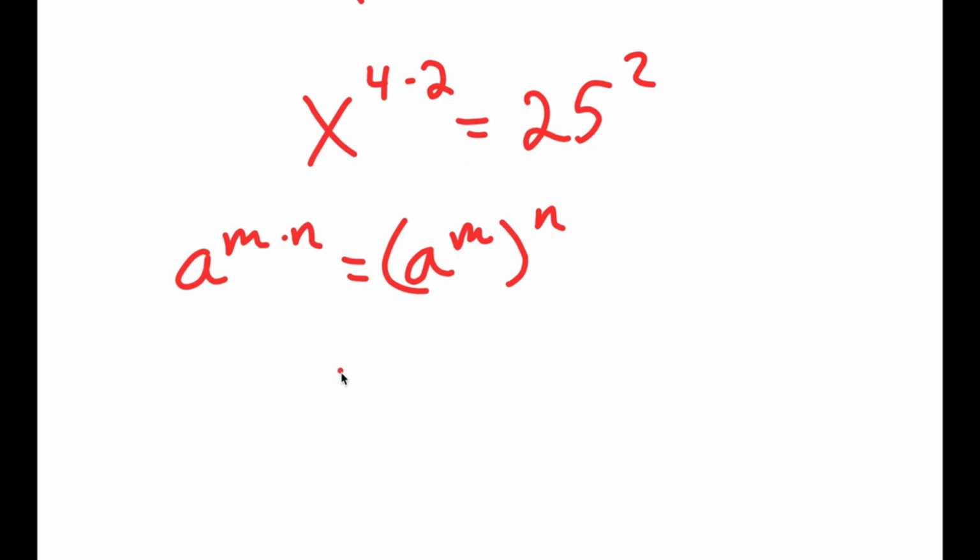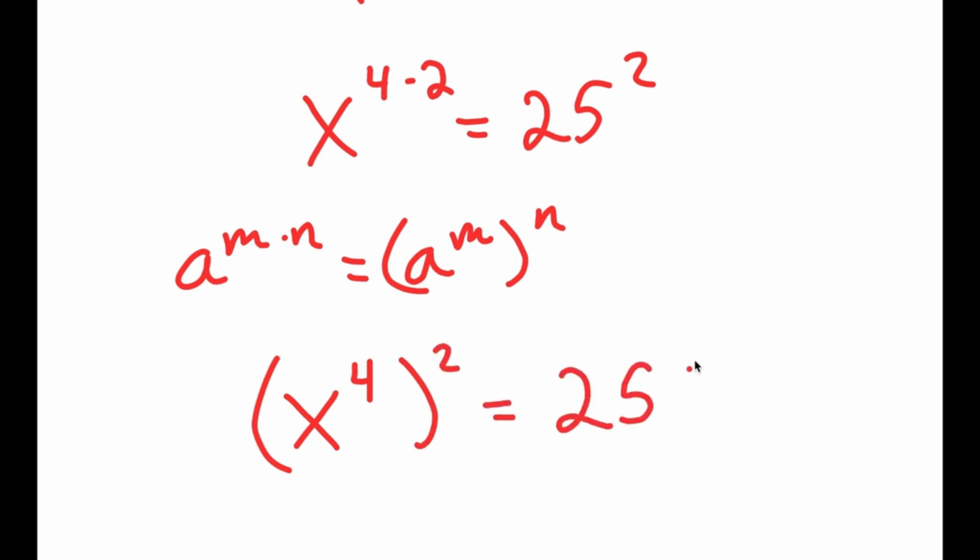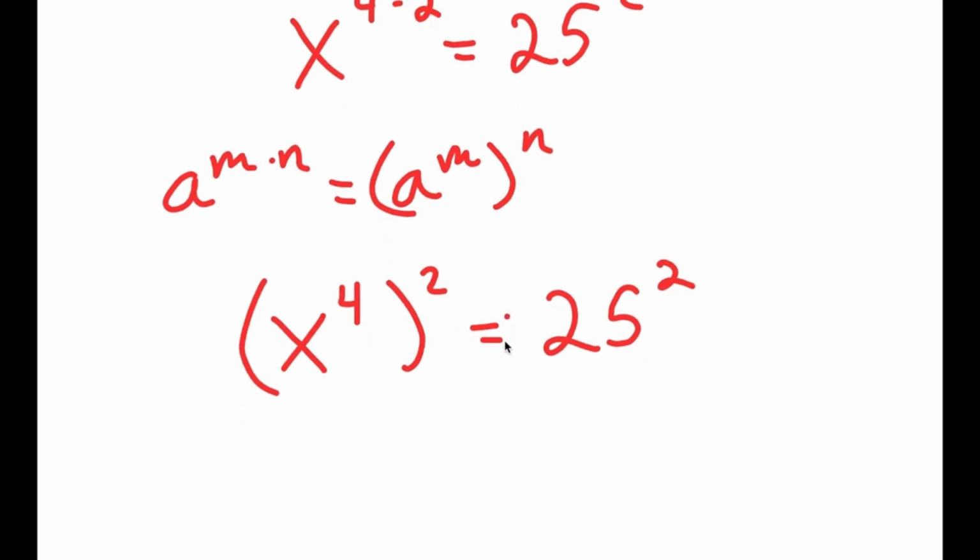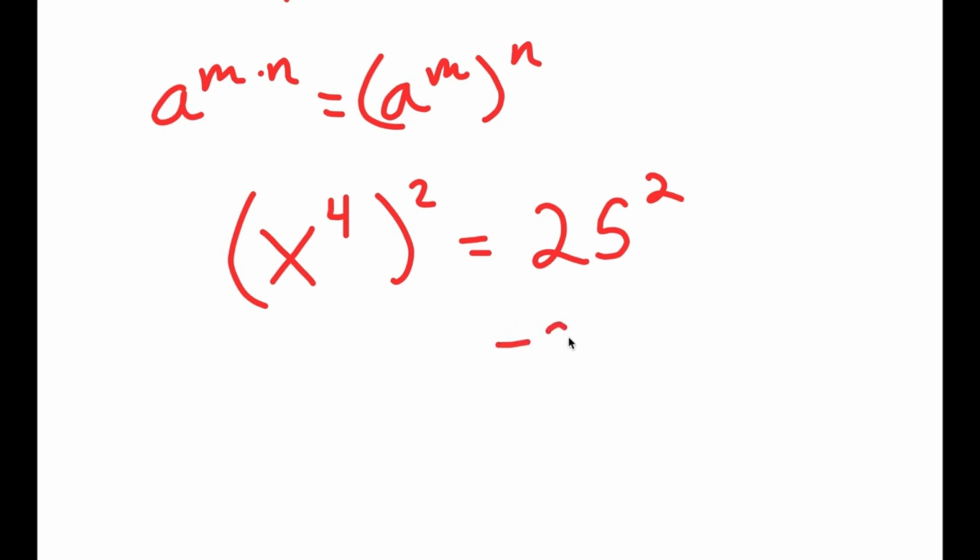So x to the power of 4 times 2 is equal to x to the power of 4 to the power of 2, and this is equal to 25 squared. Now I'm going to subtract 25 squared on both sides.